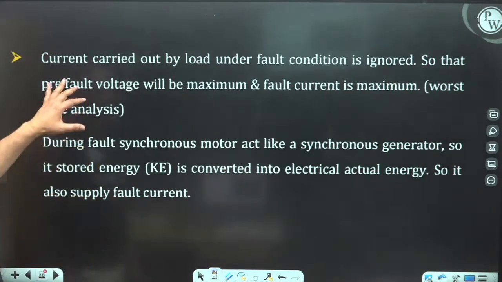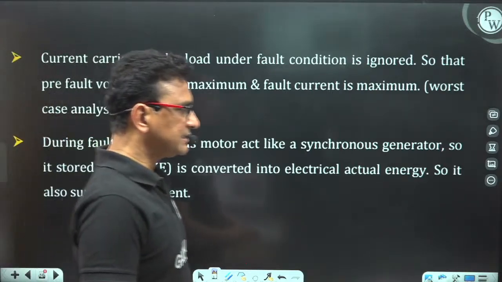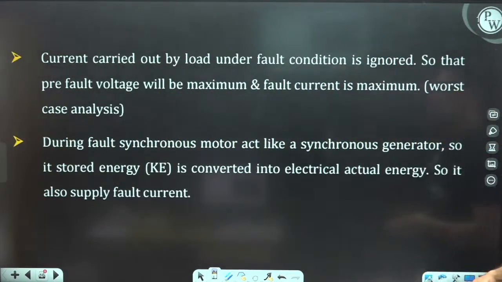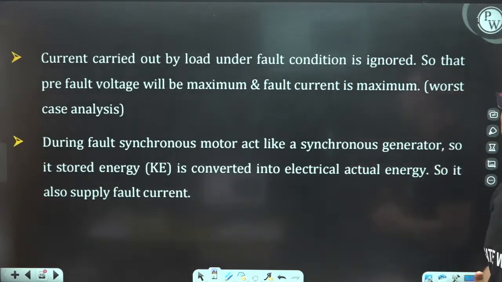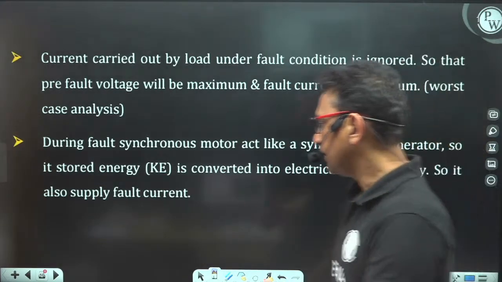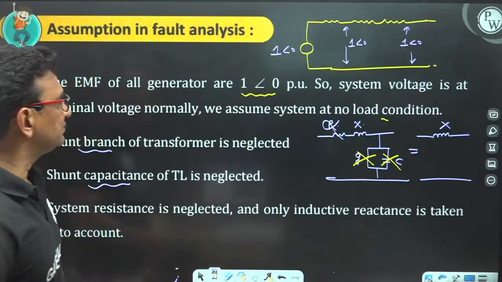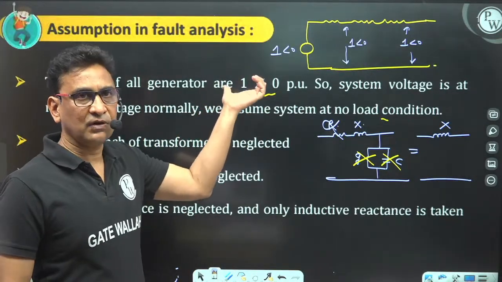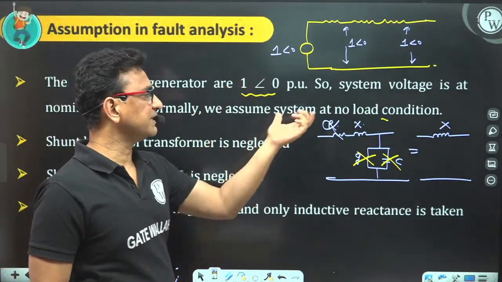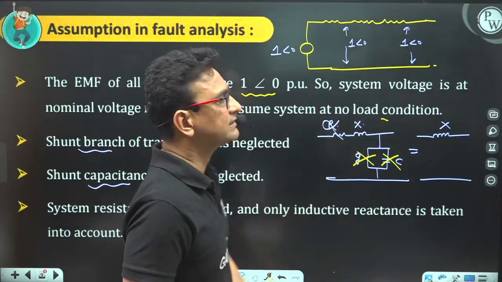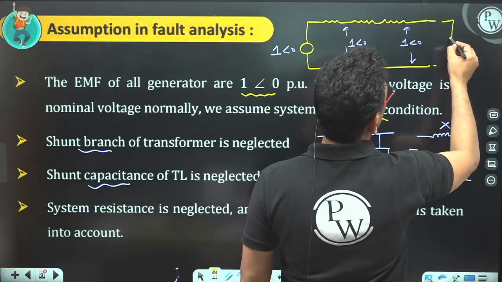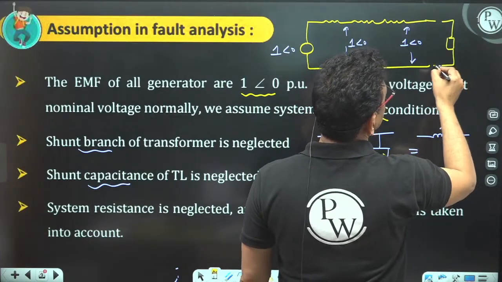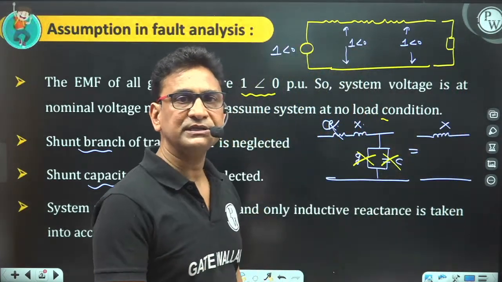Okay. Now, the next assumption we make for the fault calculation is that the current carried by the load under fault condition is ignored. See, I already told you, we assume before occurrence of the fault, our system is working at the no load condition. Generally, no doubt there will be some load here, so the load current would be flowing into the transmission line before occurrence of the fault.